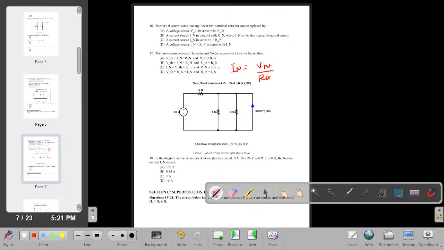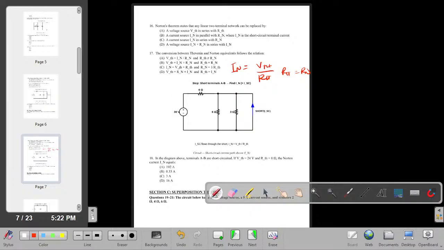That's a very powerful relationship between Norton and Thevenin. And you realize that RTH is the same as RN. It doesn't change. RTH is equal to RN. So which of these will give us the right one? VTH is equal to IN times RTH.